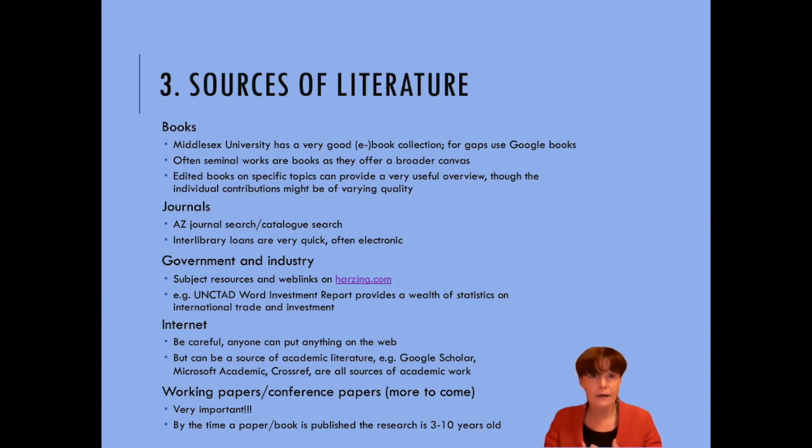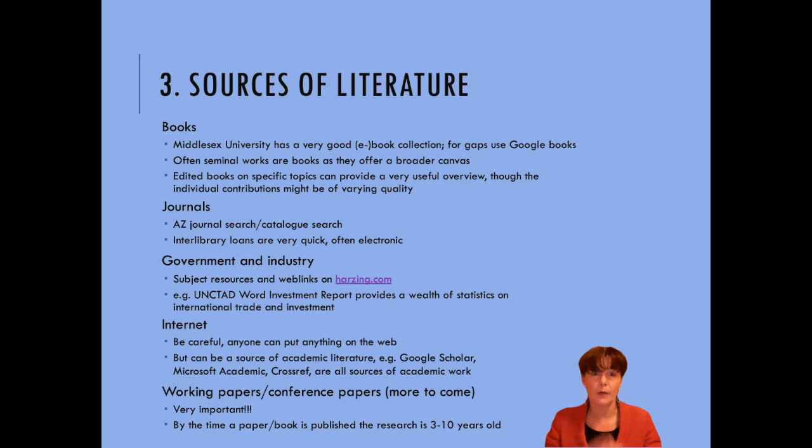You will find that in many cases, books are seminal works and they offer a much broader canvas than an article. And this is only logical because a book might have anywhere between 100 and 500 pages, where an article typically only is between 10 and 20 pages, so much more limited in scope. You can also look at edited books.